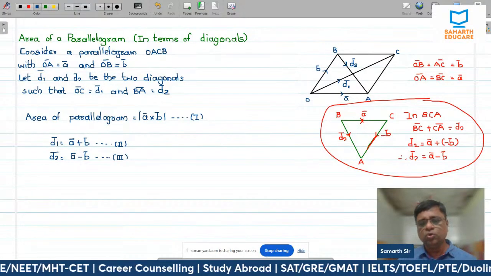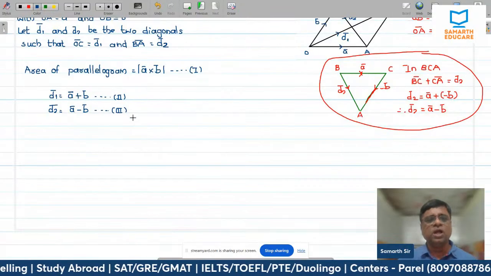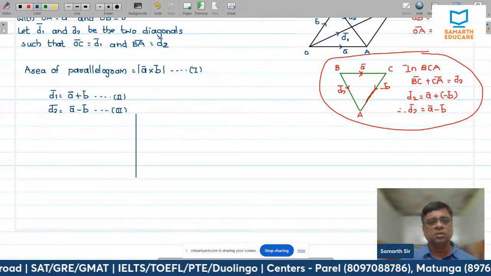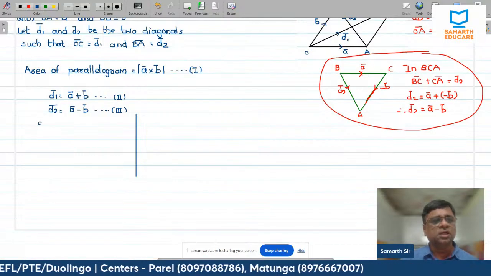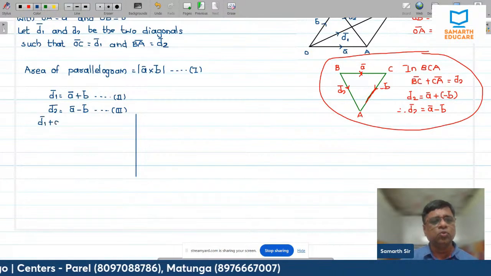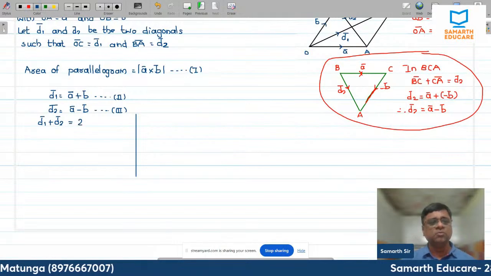Okay. Now two things which we will be doing over here is, number one, I'll mark this. Now number one, if I add this d1 bar plus d2 bar, what will happen? B bar and minus b bar gets cancelled and it becomes 2a bar.